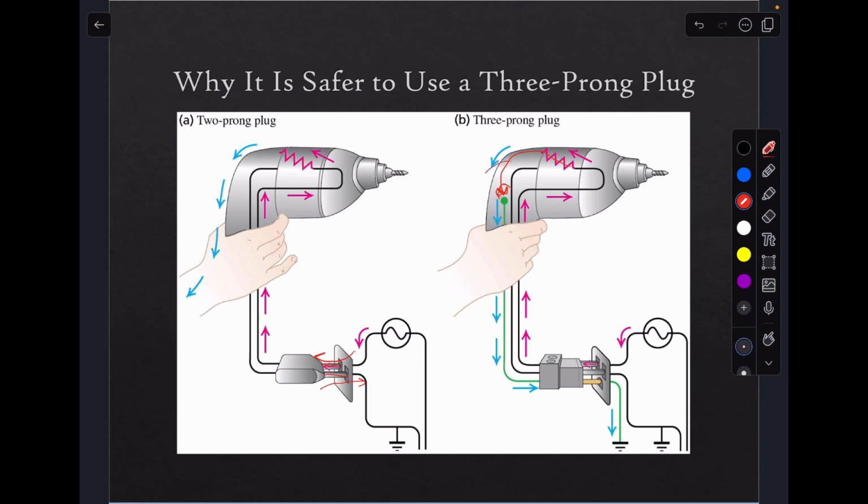And instead of going to your hand, which is holding the device, it's going to go to the third prong, which is a metal of low resistance, hopefully lower resistance than your hand. It's going to attract that current to jump into the third prong and safely exit the area so that it doesn't hit you. So these are some of the safety features in your home or in your devices that keep you safe from being shocked by high amperage.